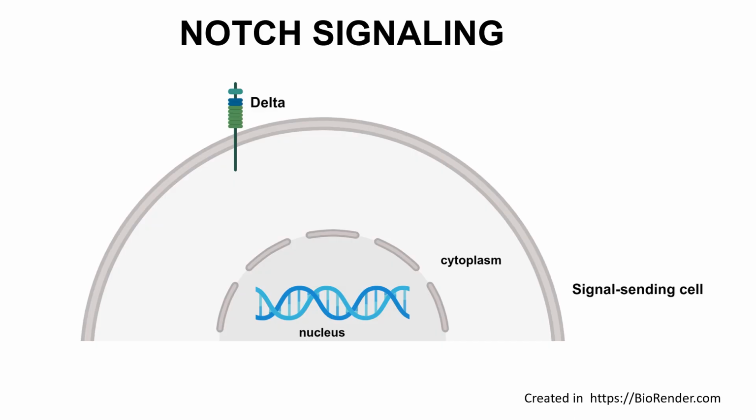Notch signaling usually occurs between two adjacent cells. So one cell called the signal sending cell, and this signal sending cell usually has a ligand called delta.